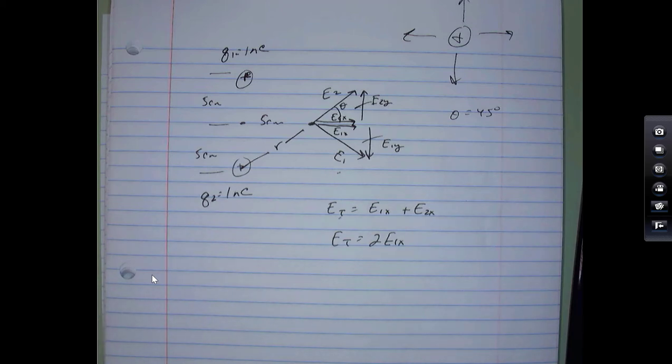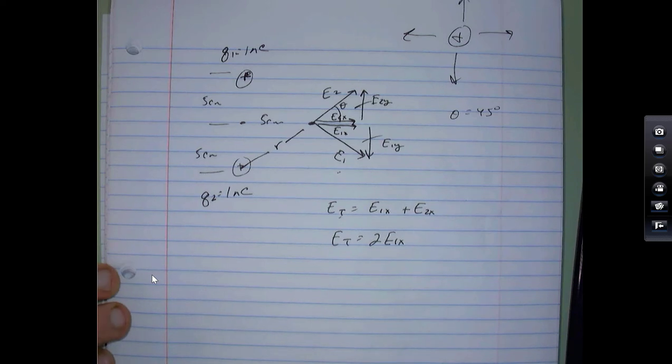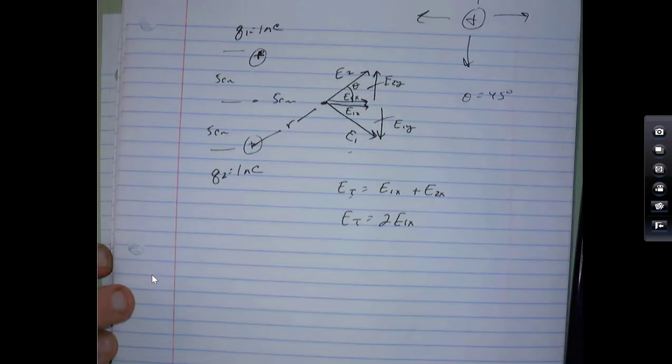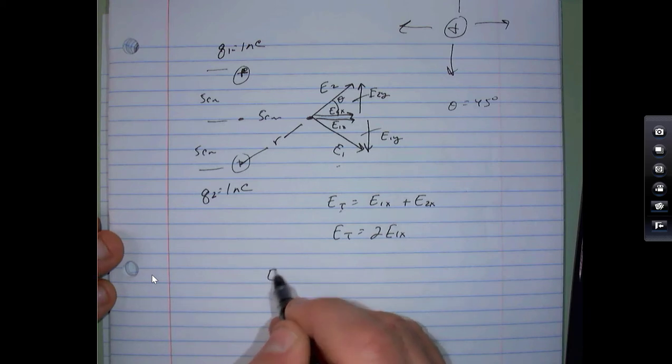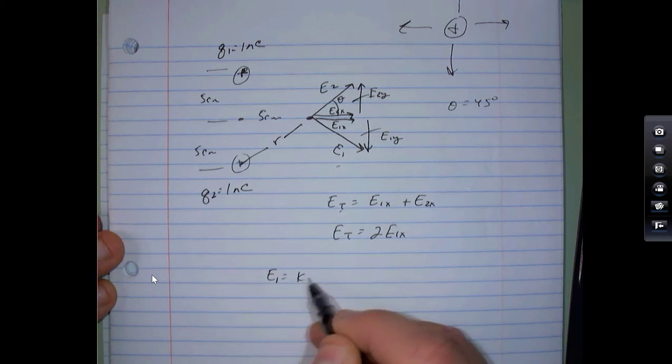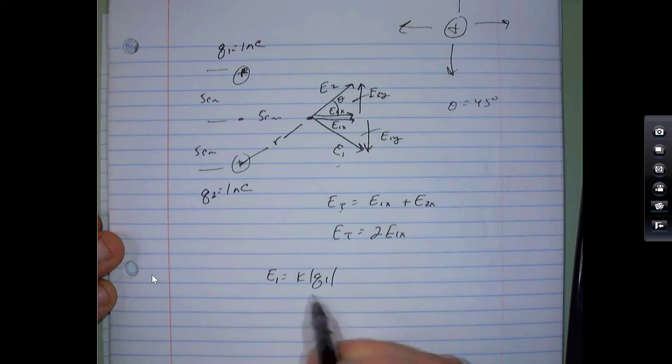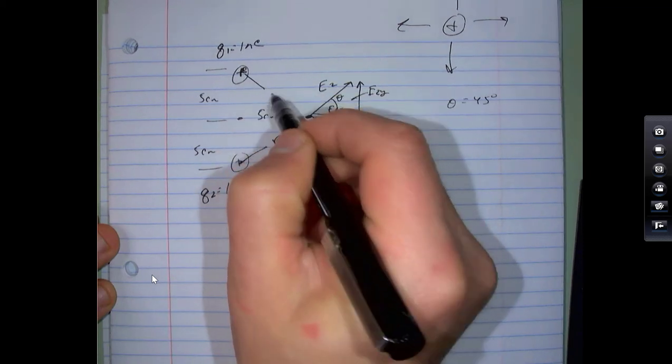We're going to use Pythagorean theorem. We're going to use a little bit of trigonometry. We're going to use the new physics that we have come up with. So first of all, let's figure out how much E1 is. From what we did before, E1 is K, magnitude of Q1, divided by the distance between them squared. That's what this distance is.